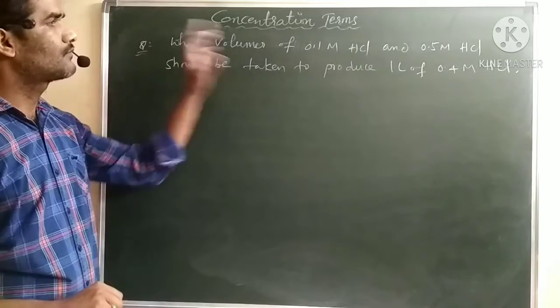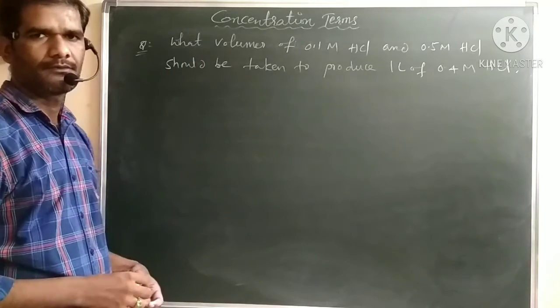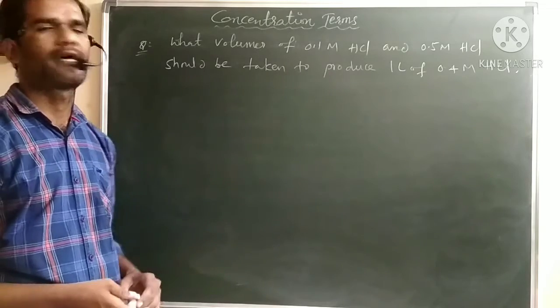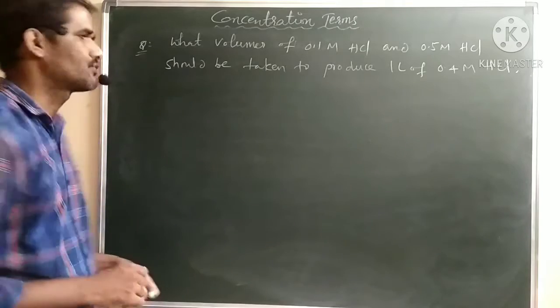So here, what volumes of 0.1 molar HCl and 0.5 molar HCl do we have to mix to produce 1 liter of 0.4 molar HCl? It is quite the reverse of the previous question.